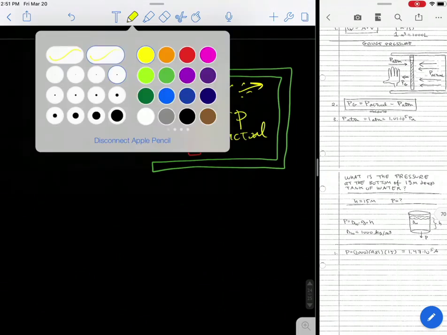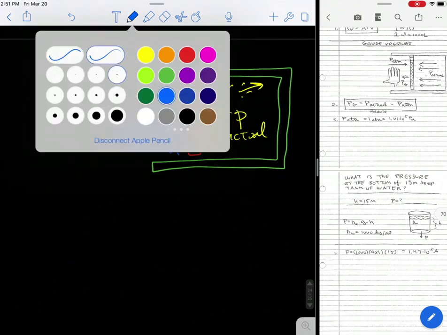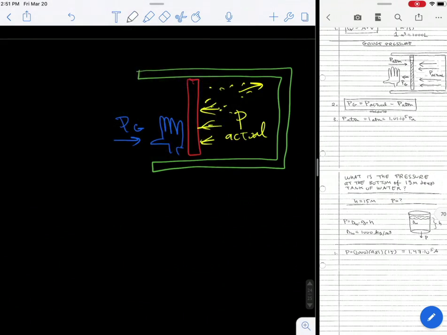And if you want to measure yourself how much pressure a patient is going to receive, you wouldn't really do this, but you place your hand onto the lid, and you'd feel how much force you need to exert, or how much pressure you need to exert onto the tank to push it inwards. So we're going to call it the gauge pressure, the pressure that you feel. But along with that, there's another pressure.